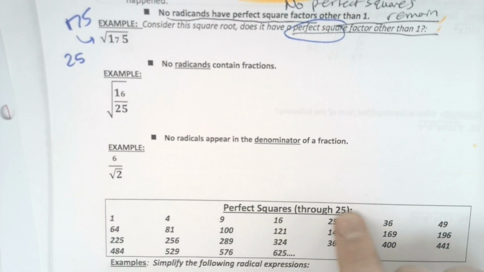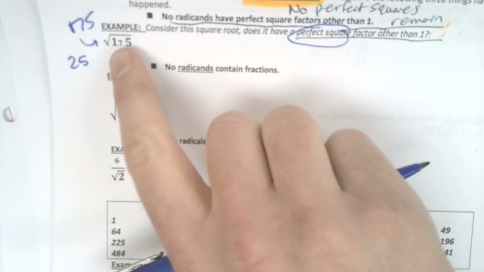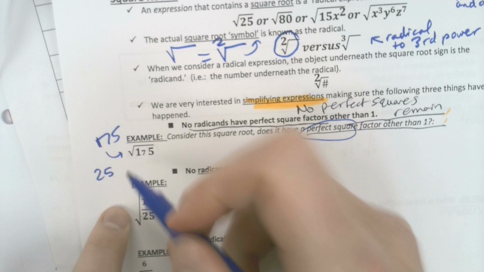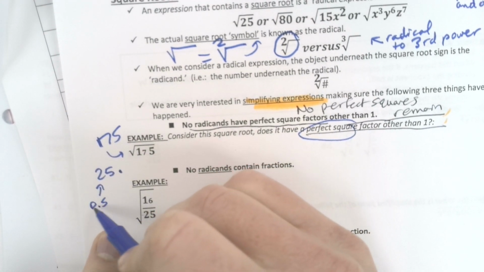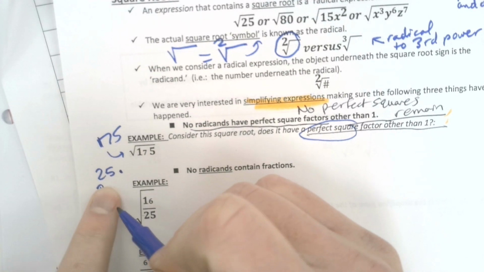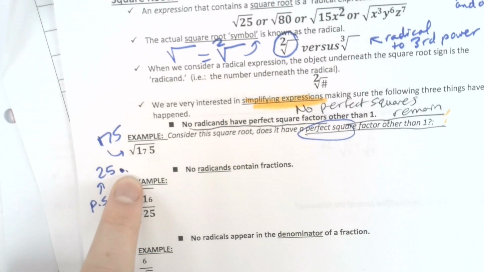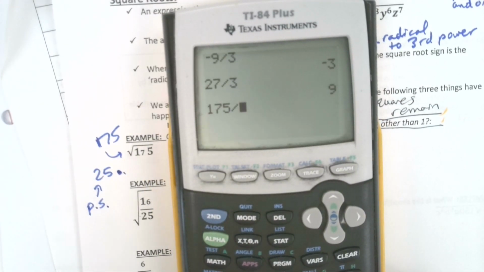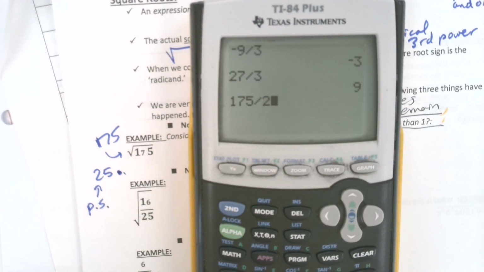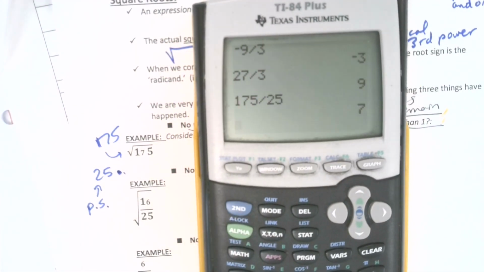Perfect squares. 25 is a perfect square, and 25 goes into 175. How many times? If you do 25, which is our perfect square, multiply that by, really you could just divide, do it this way, 175 divided by 25, that gives you 7.